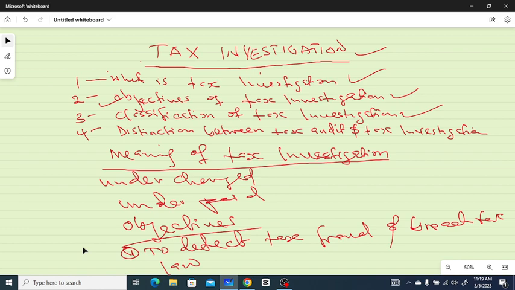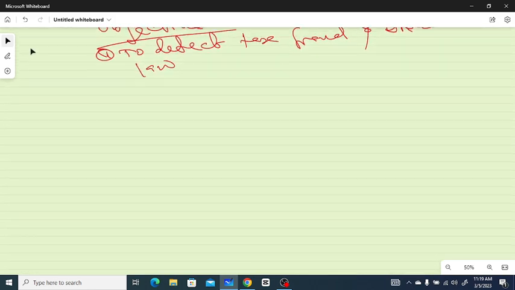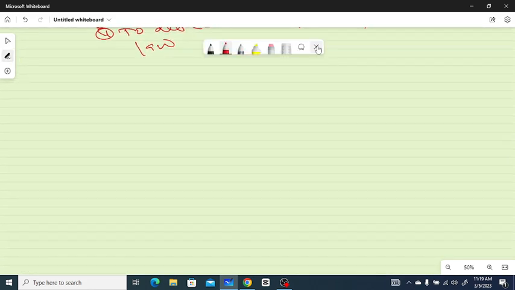A situation whereby the taxpayer breaches a certain tax law, then the tax authority will have to come in to investigate that issue. Number two, to identify and apply the penalties.